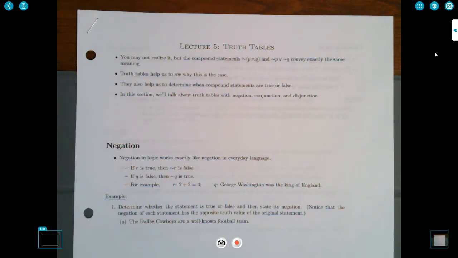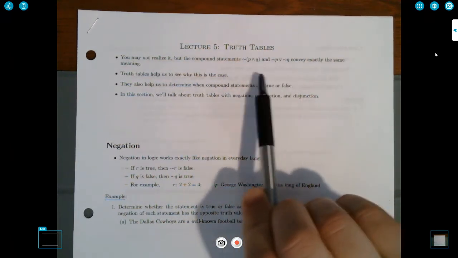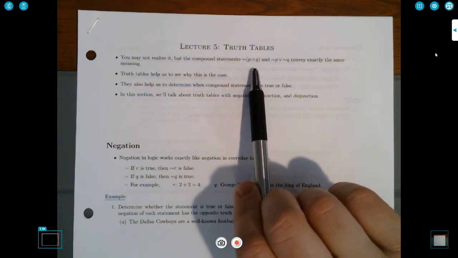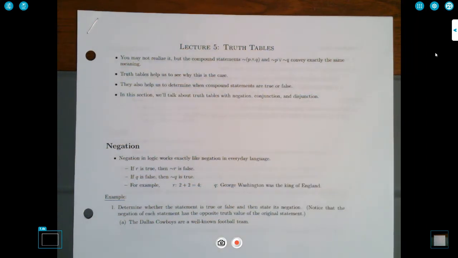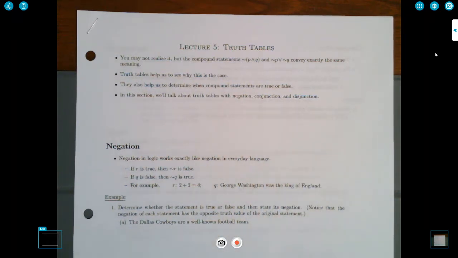In this section, we're going to talk about truth tables. The reason is that they help us to determine when two statements are equivalent. Like the statement not (P and Q) is equivalent to the statement not P or not Q. They convey exactly the same meaning, and to see why, we'll use some truth tables. In this lecture, we're only going to talk about truth tables with three connectives: negation, conjunction, and disjunction.